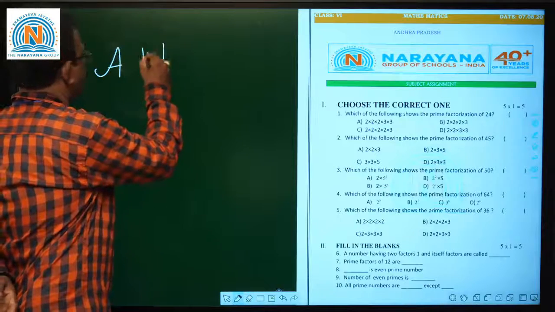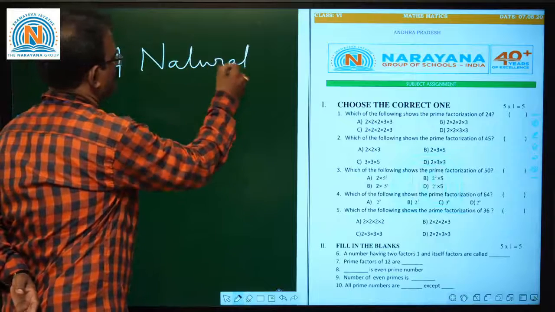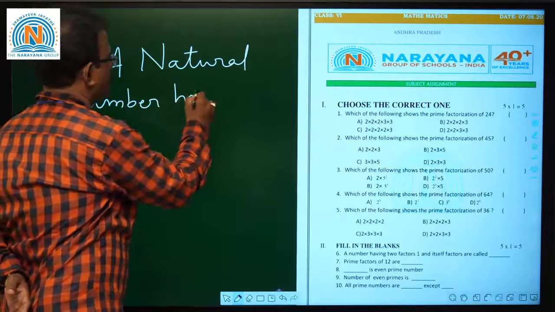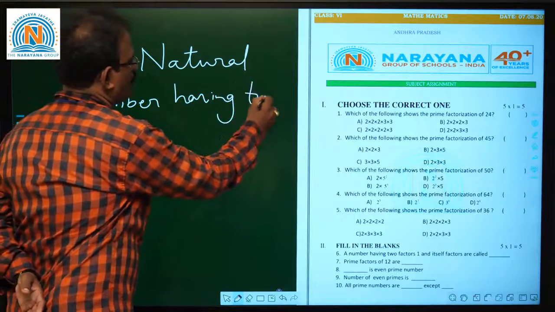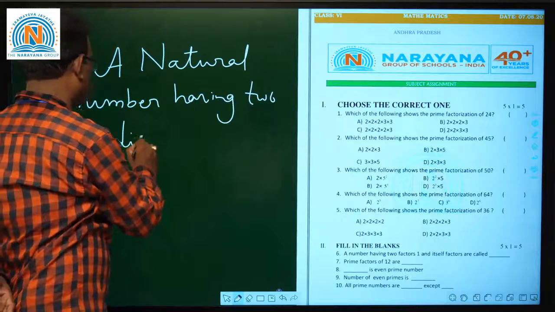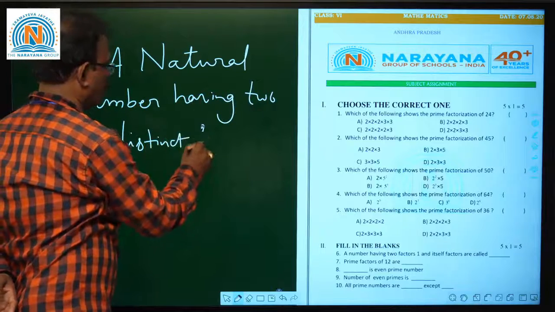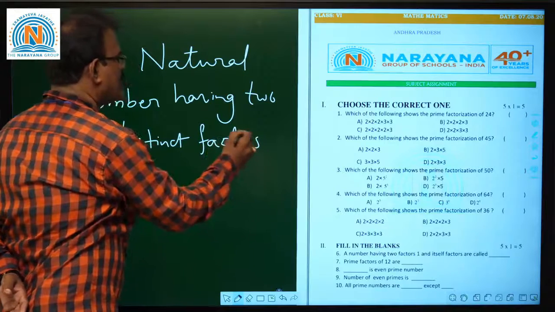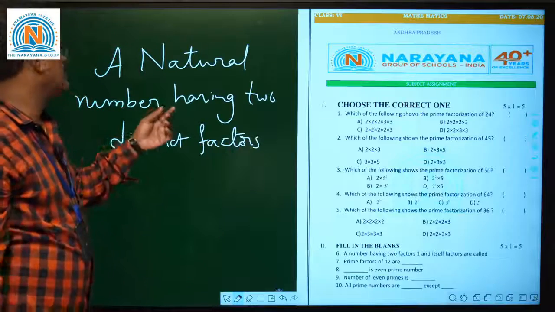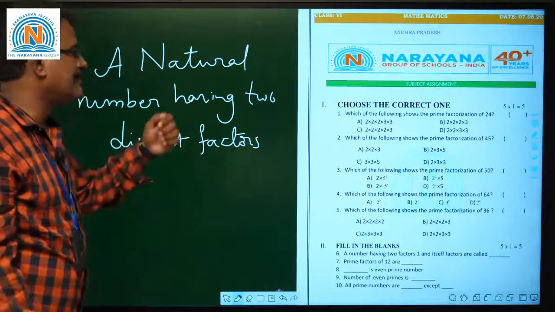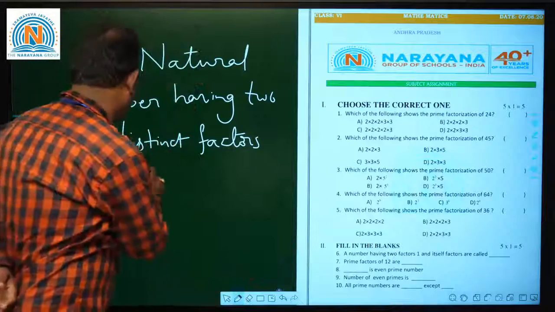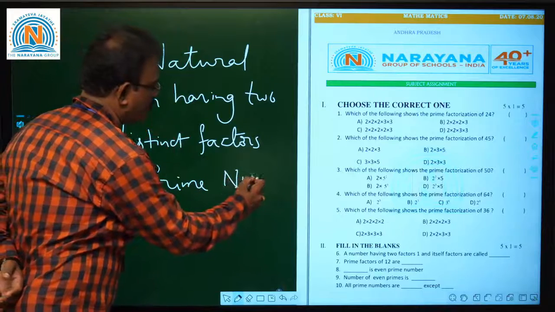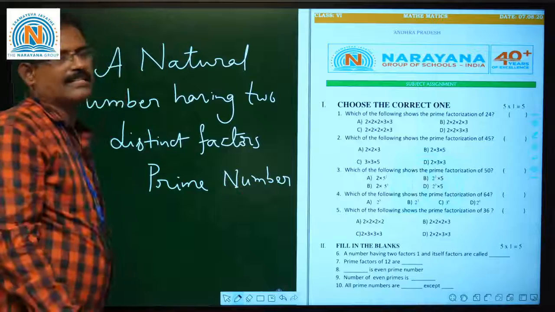A natural number having 2 distinct factors, distinct means different, then the number is called prime number. That is 1 and itself.